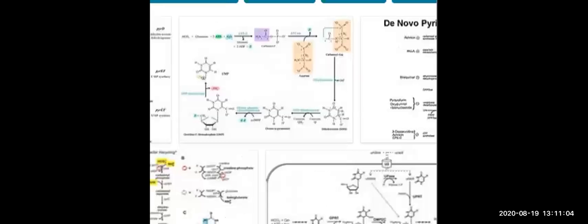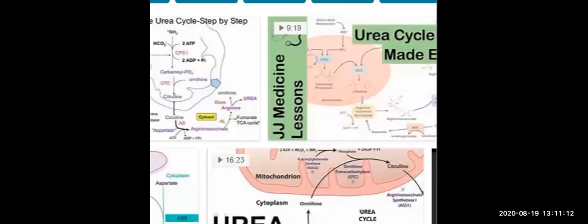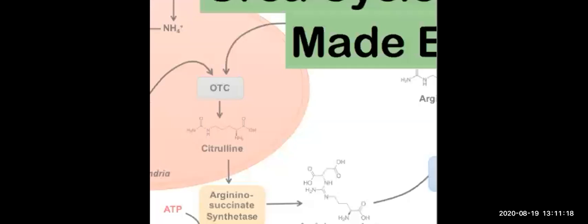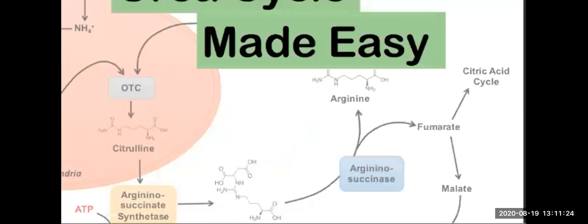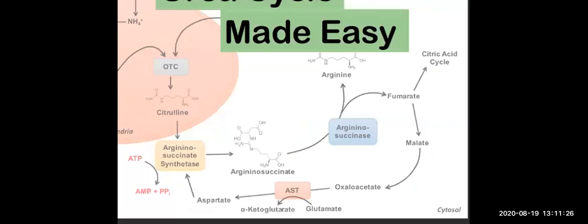But if I search urea cycle for you here, the urea cycle will be easier to find. A really good picture of the urea cycle is this one.